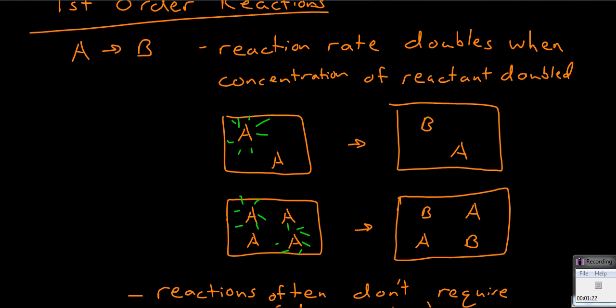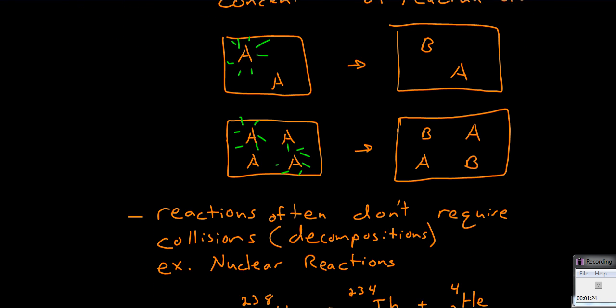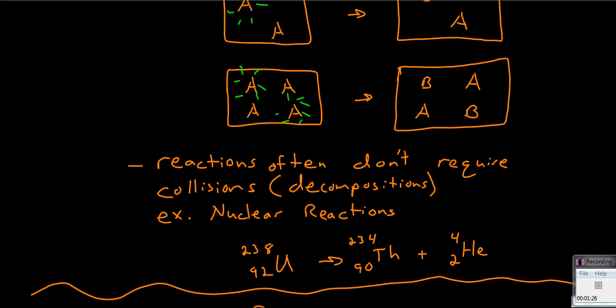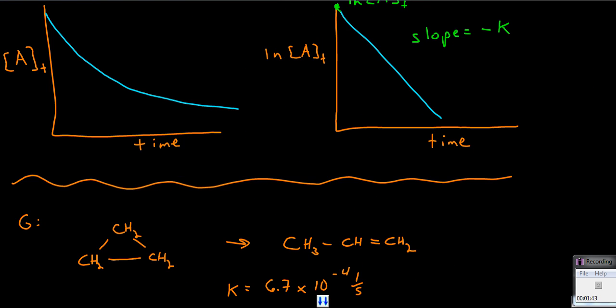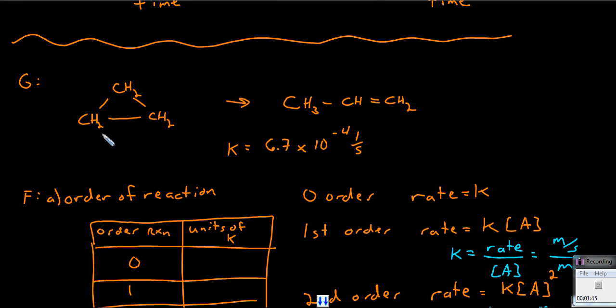We see that for first-order reactions, the presence of nearby particles is irrelevant because usually collisions are not required for first-order reactions. Most particularly, this involves decompositions. For example, we have a problem down here in which we have cyclopropane decomposing into 1-propene.